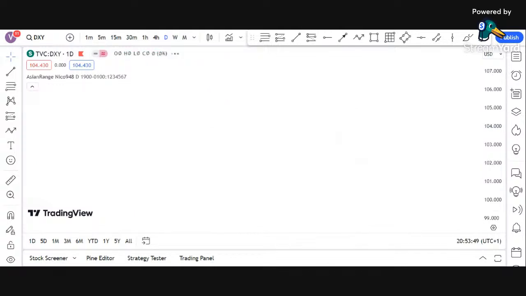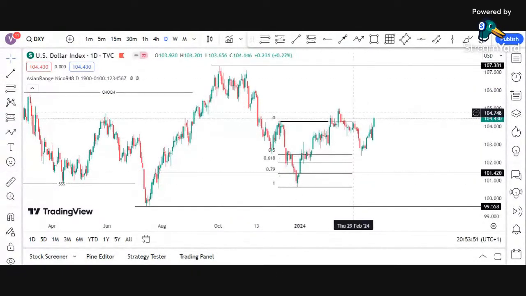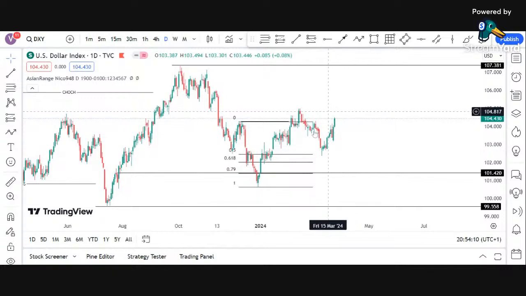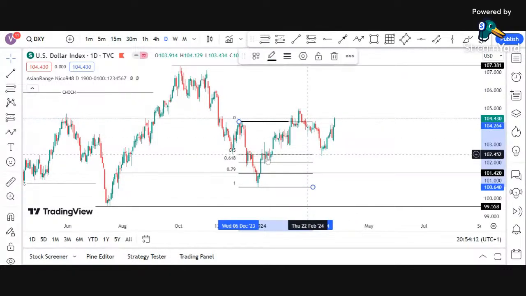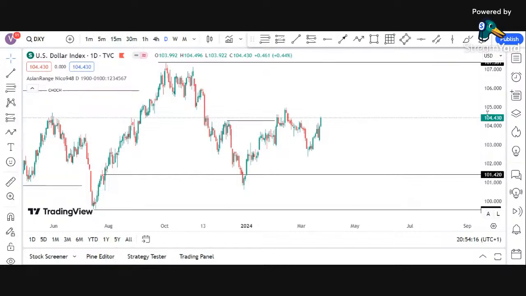All right. So we're talking about the daily time frame of the DXY, right? And we said that price already came into the discount level, and now where did it react from the discount level?